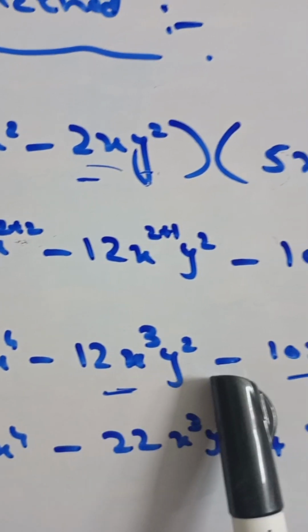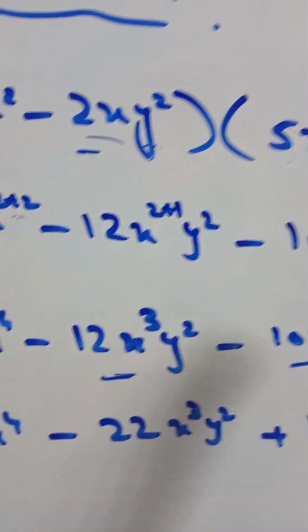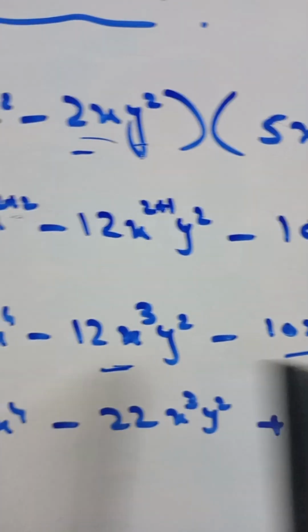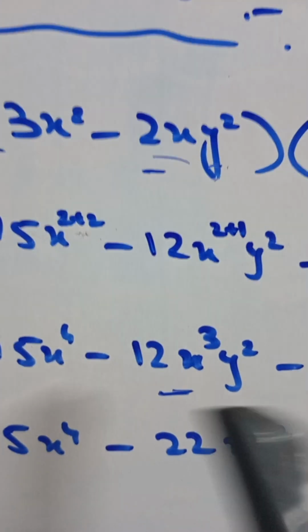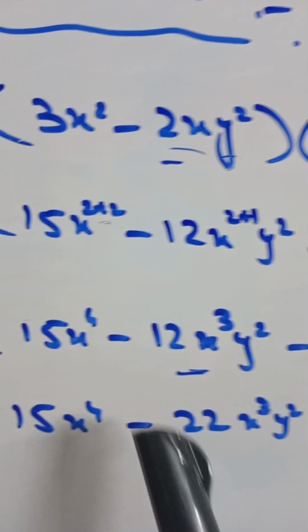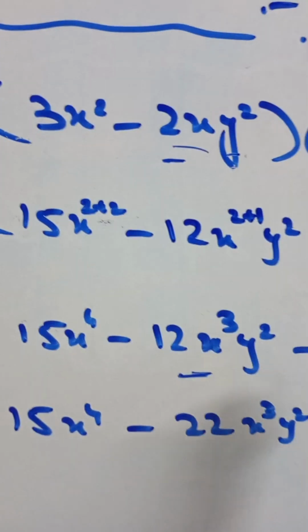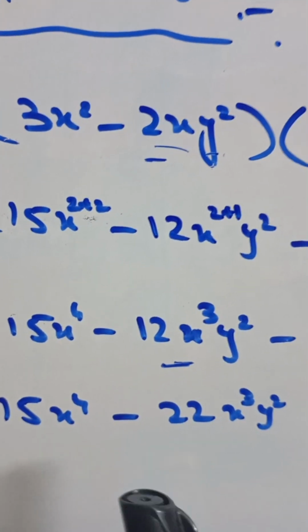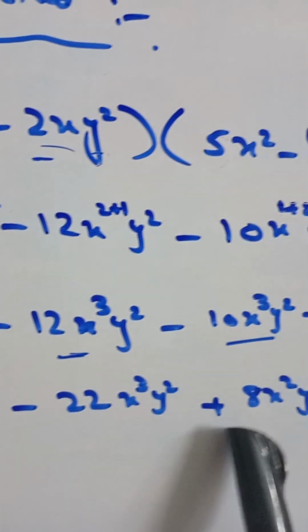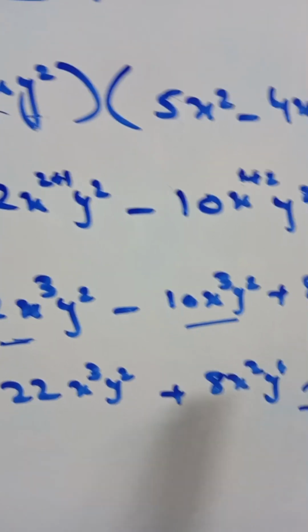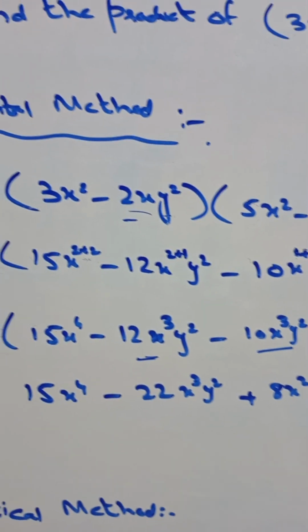As you know, minus minus plus, we do plus, but sign will be of big value. Here 12 is big one. So 12 plus 10, 22. Sign of big value, minus 22 x cube y square plus 8x square y4. This will remain same. You got it?